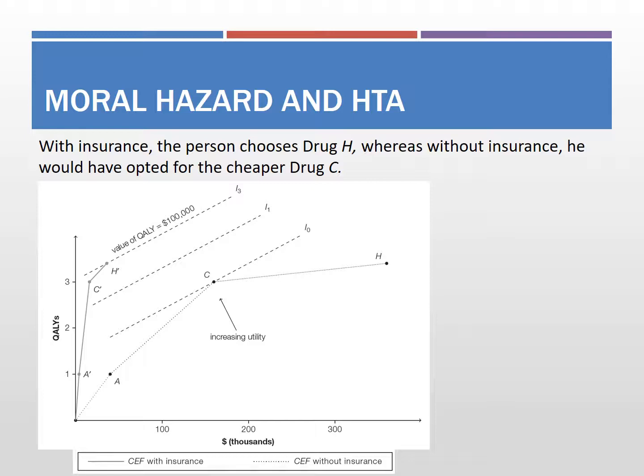You can still see the same diagram, where the dotted lines with point A, point C, point H illustrate the original cost-effective frontier for patients without insurance, and another frontier drawn by the gray line with points A prime, C prime, and H prime illustrates the out-of-pocket cost for patients covered by the insurance package.